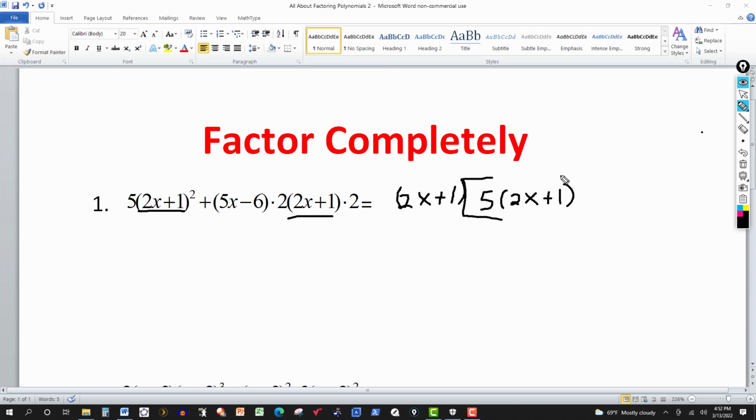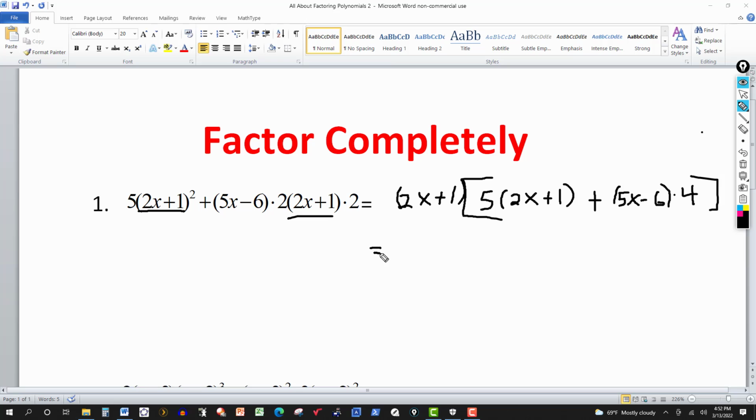And obviously the exponent is understood, so I don't have to put it in there. And then this is a plus then. Took out the 2x plus 1 from this one, so all I have here is the 5x minus 6. The 2x plus 1's gone, and then the 2 and the 2 multiply to give you 4.